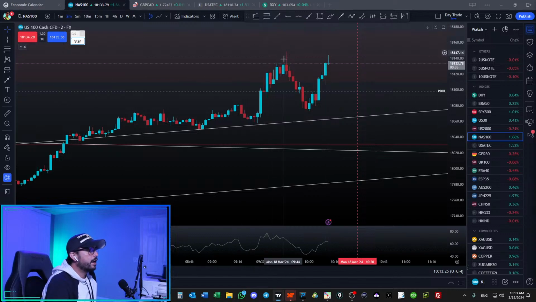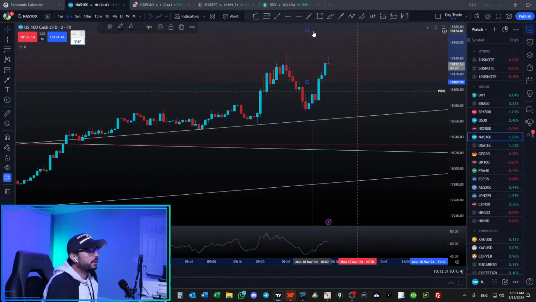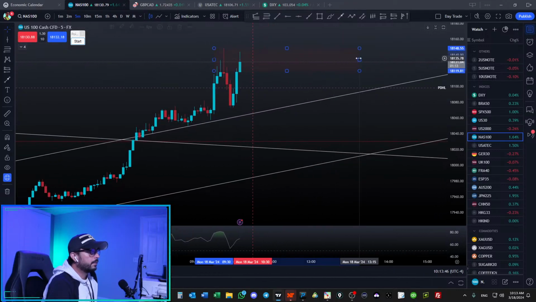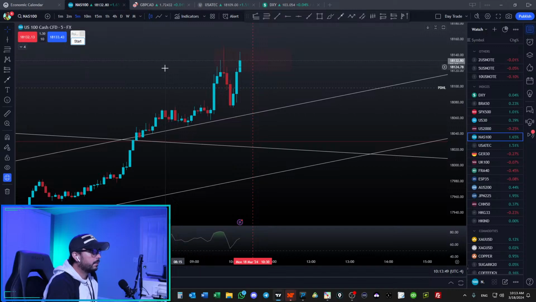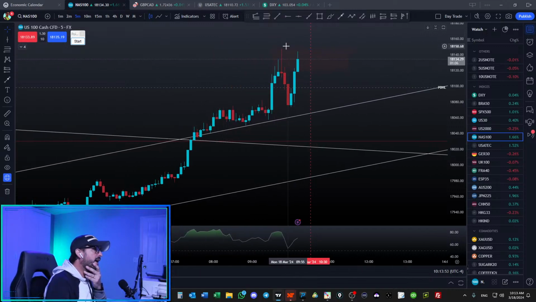Now a rejection from this top here very likely tells me that the market doesn't want to pass that. But breaking that high is gonna tell me that it wants to keep going up.